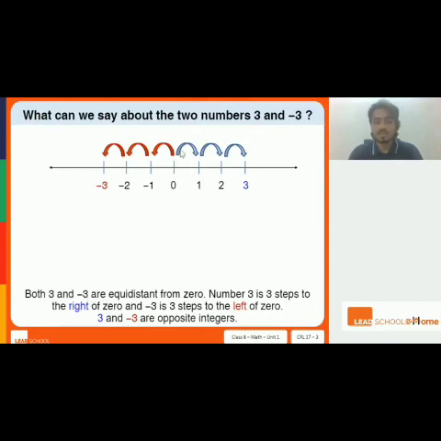If I move towards the right from 0, I have to take 3 steps to reach 3. Similarly, I have to take 3 steps or 3 jumps to reach negative 3 from 0. So negative 3 and 3 both are equidistant from 0.